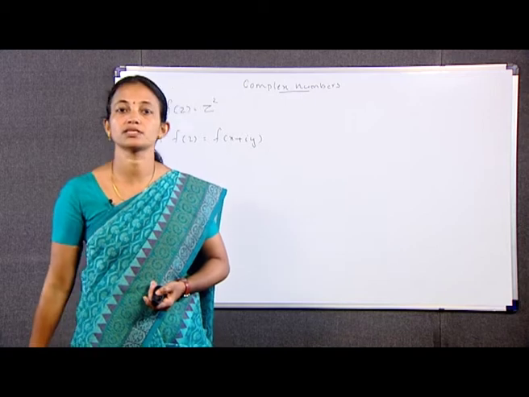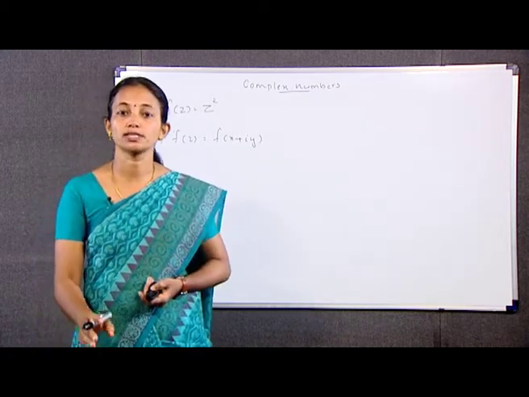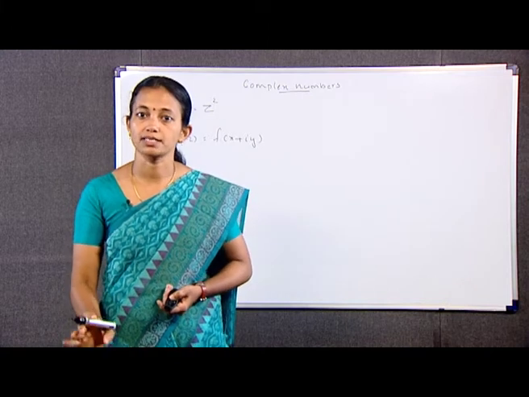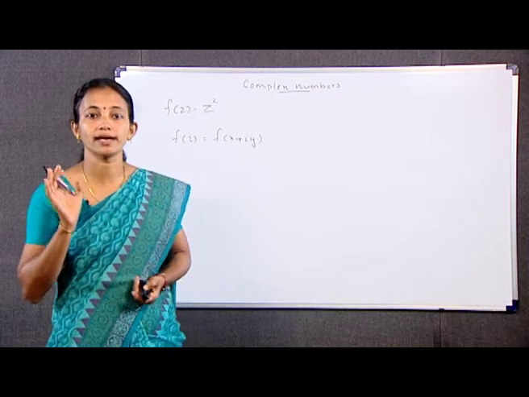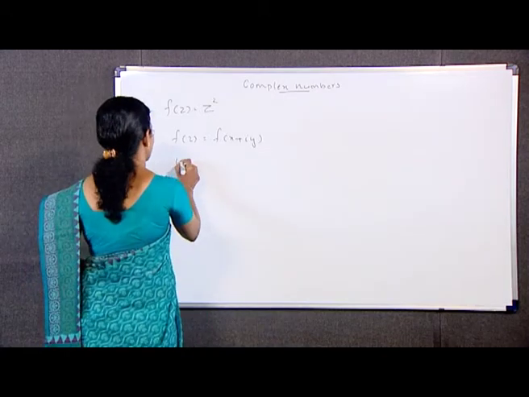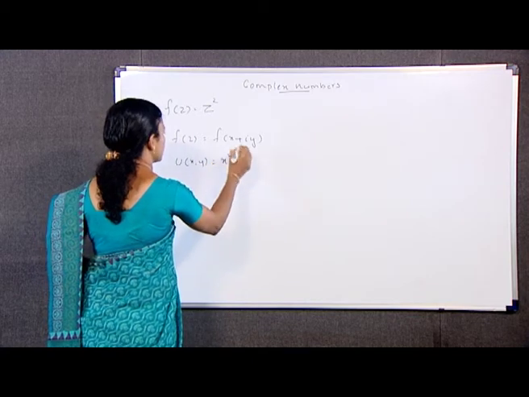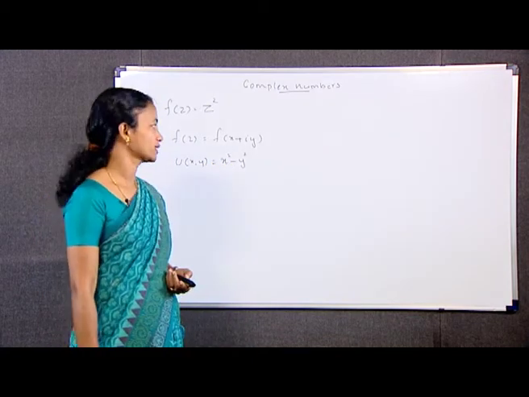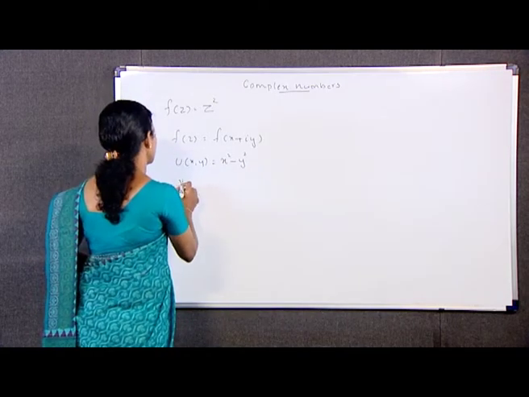We can write this as (x plus iy) whole square, which is equal to x square minus y square plus i into 2xy. Hence, here u(x,y) is equal to x square minus y square and v(x,y) is equal to 2xy.